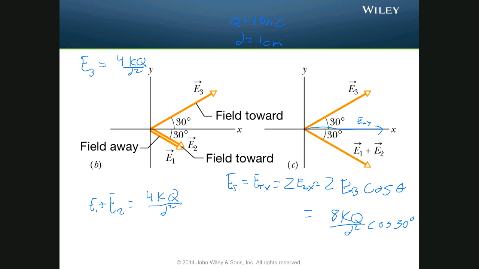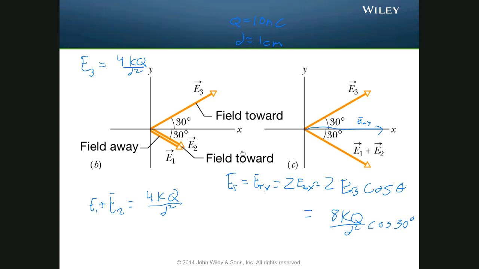Oh, I got you. So here we have E total in the x direction. This is E3 in the x direction multiplied by 2, because you'll notice they're the same. And then this is 2 times the magnitude of E3, which is right here, times cosine of theta. Let me do it again.